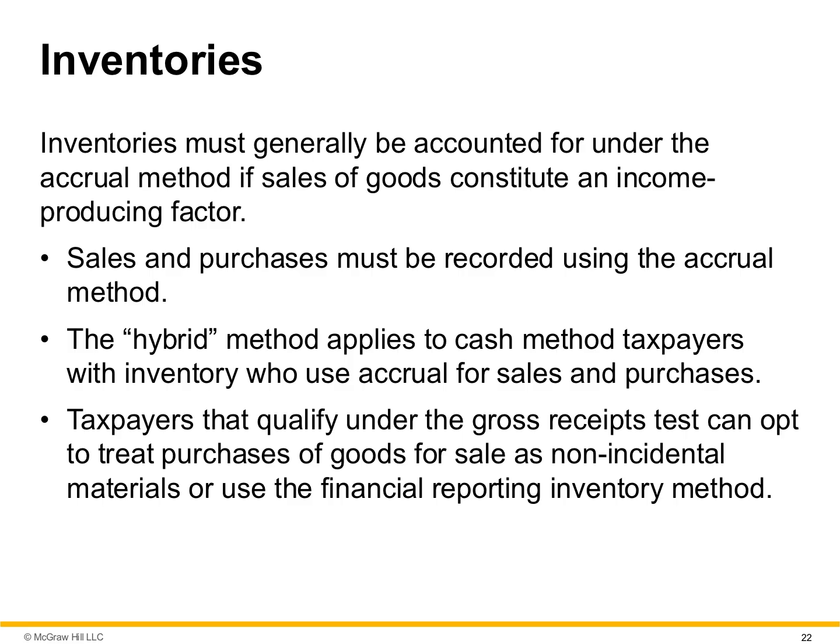And so typically that accrual piece would mean that our sales are being accrued with some sort of accounts receivable and our purchases are being accrued with some sort of accounts payable. Cash method taxpayers can use the cash method for other non-inventory accounts. However, the big key here is if inventory and the sale of goods is an active part of your business, you need to use the accrual method.